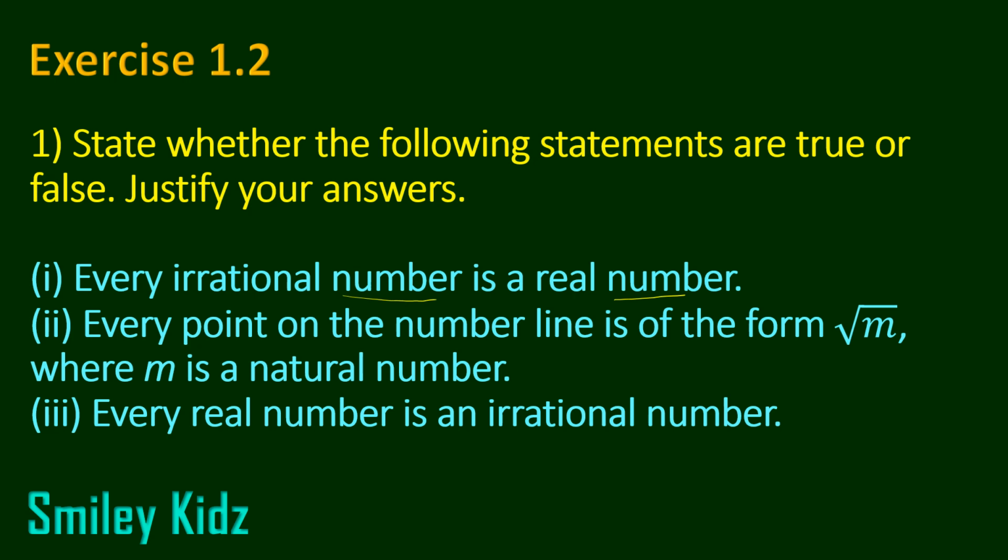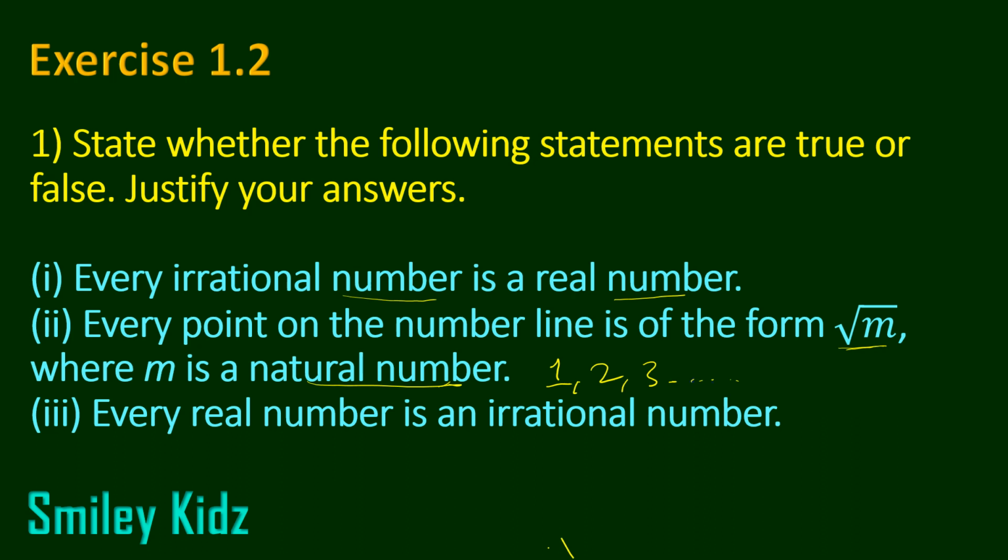Then we have, every point on the number line is of the form root m, where m is a natural number. What are natural numbers? The numbers which start from 1, 2, 3 and so on are natural numbers. Natural numbers are also called the counting numbers. Then we have, every real number is an irrational number.